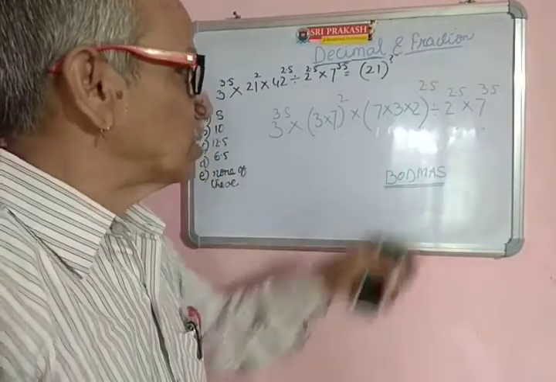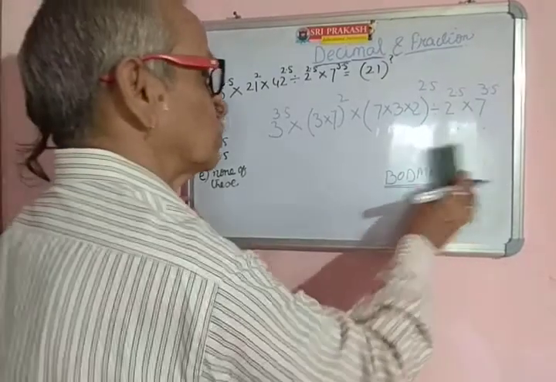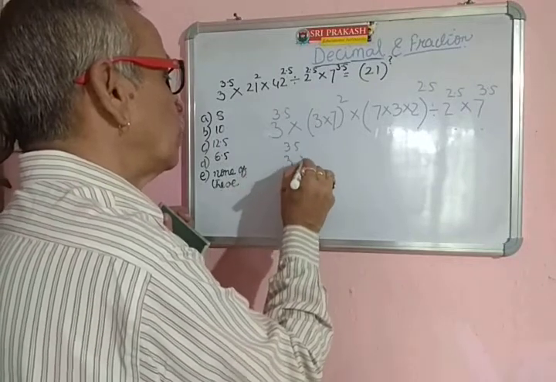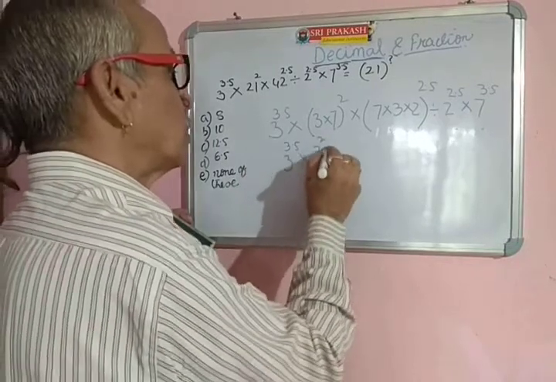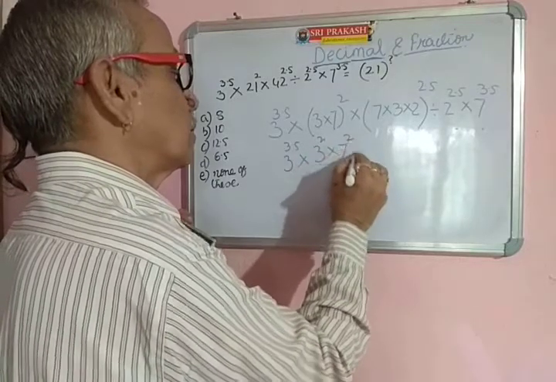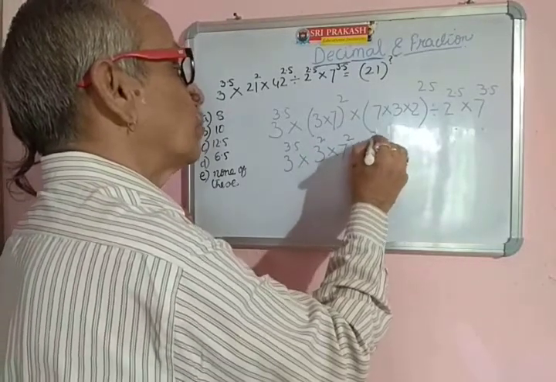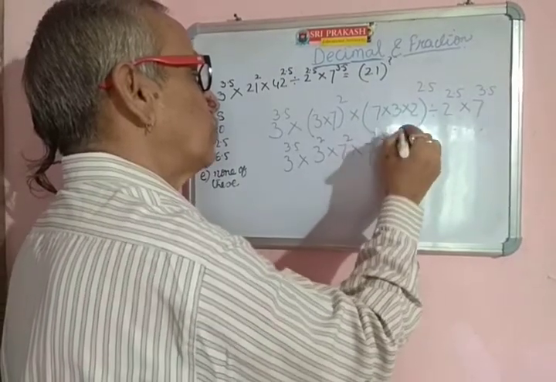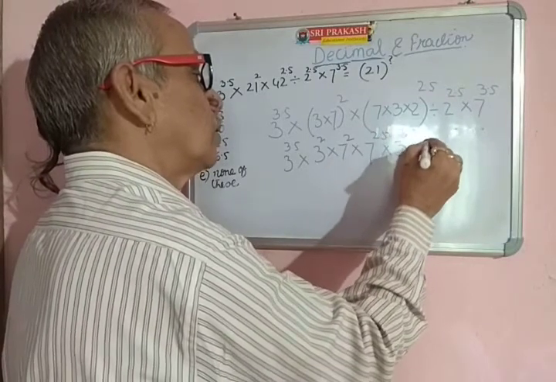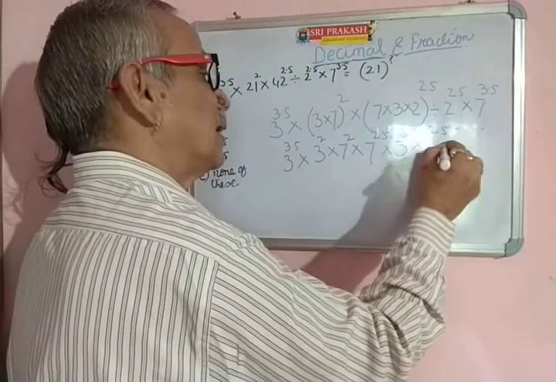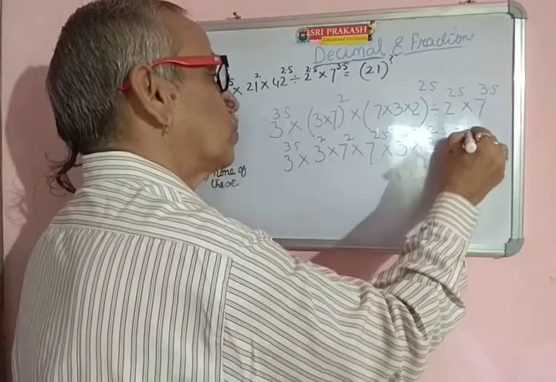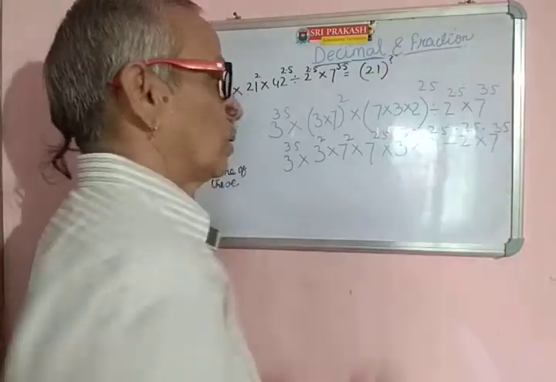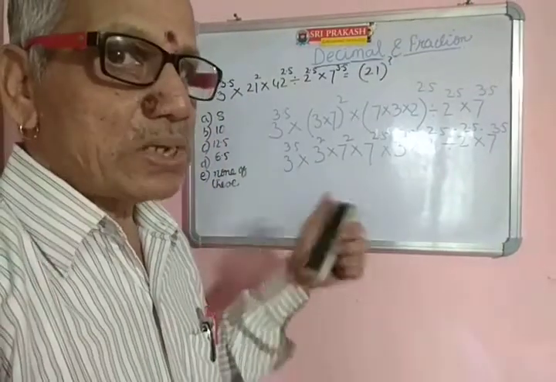So first of all, we should simplify the brackets. 3 to the power of 3.5 into 3 square into 7 square into 7 to the power of 2.5 into 3 to the power of 2.5 into 2 to the power of 2.5, divided by 2 to the power of 2.5 into 7 to the power of 3.5.